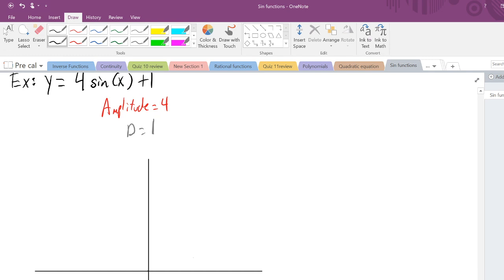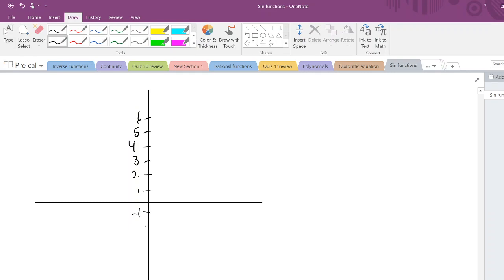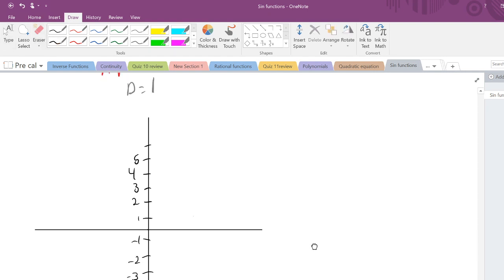So I'm going to label all these points: 1, 2, 3, 4, 5, and then going down, -1, -2, -3, -4, and -5. Then I'm going to put my points, pi over 2, pi, 3 pi over 2, and 2 pi.